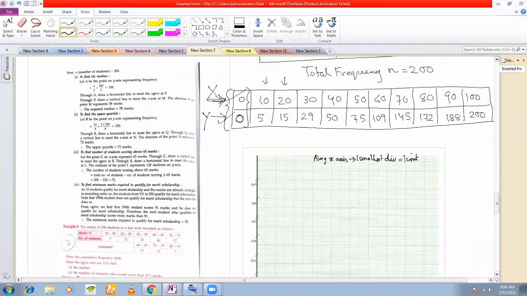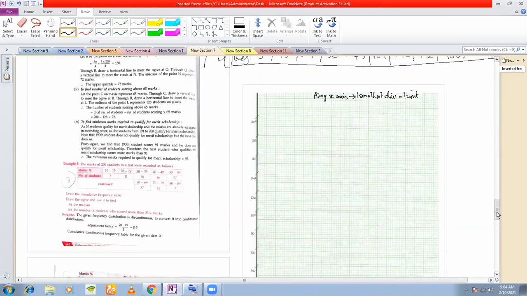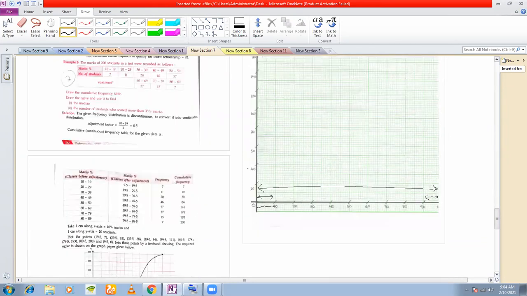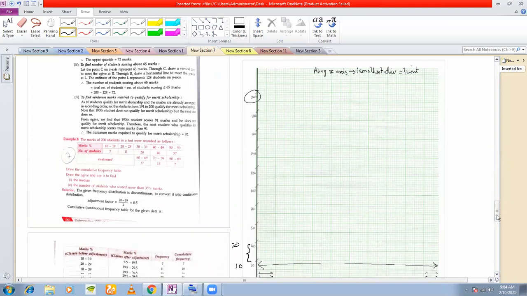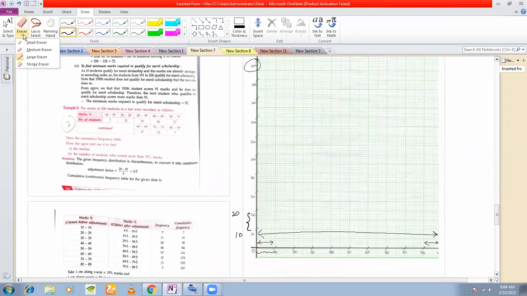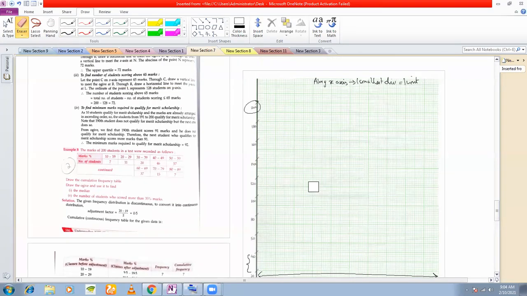Now you see how to judge the scale for your y-axis. You see that y ranges from 0 till 200. If I take 10 divisions here as 10, you will not be able to accommodate till 200. If you are marking this as 10, 20, and you carry on, you will not be able to reach this 200 mark. That is why you take 10 divisions as 20 units, and in this case the units are students.